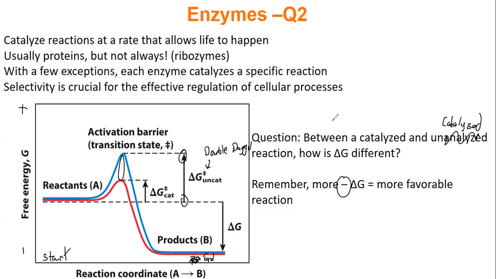All right, I'm going to try this little feature. If you think delta G decreases, becomes more negative when you become a catalyzed reaction, in the participants tab press the yes button.